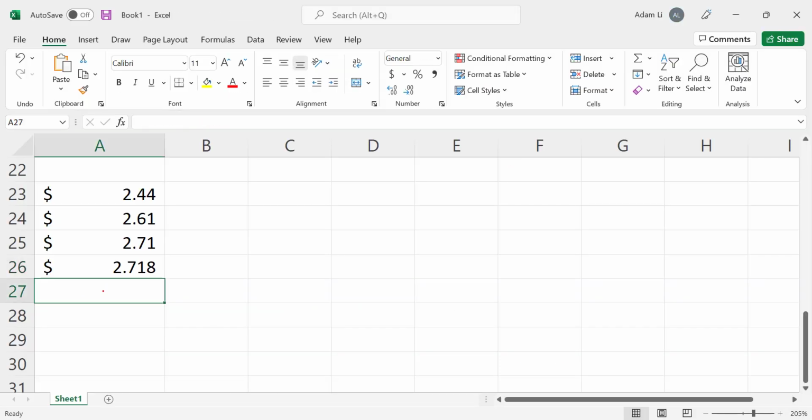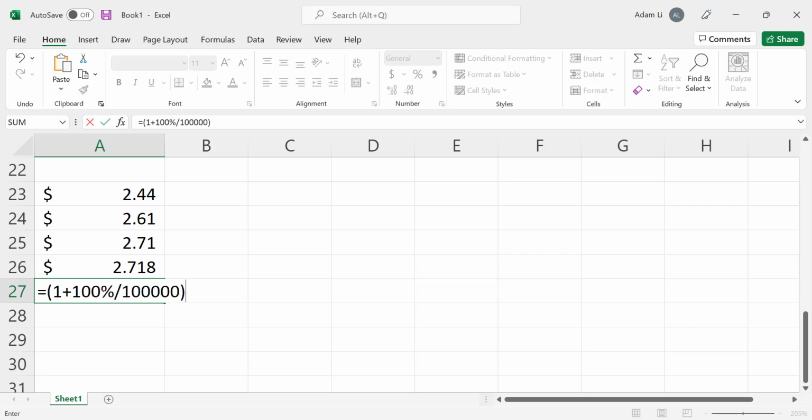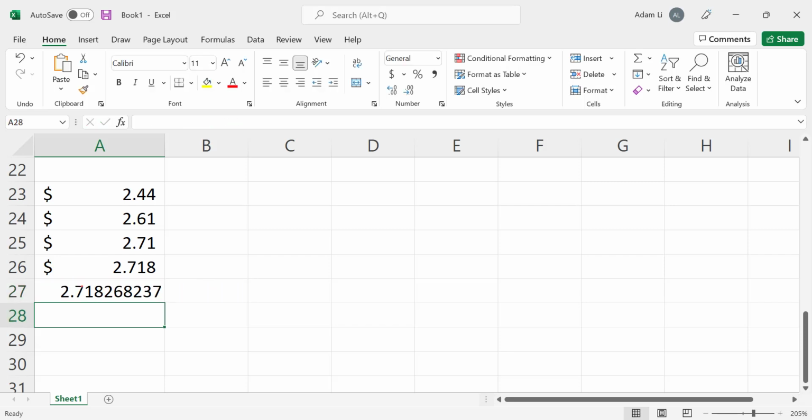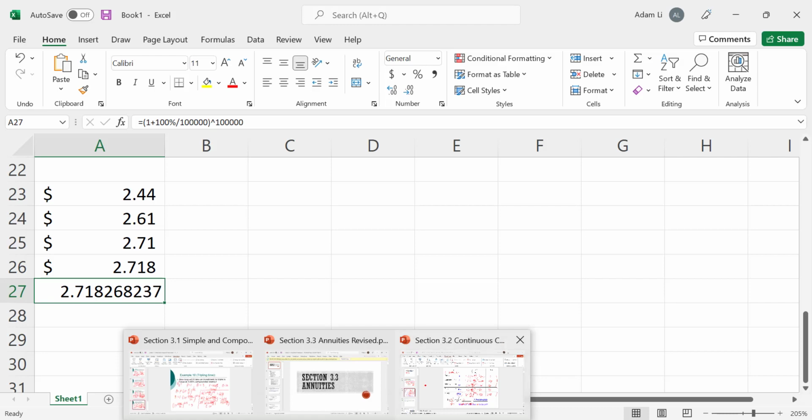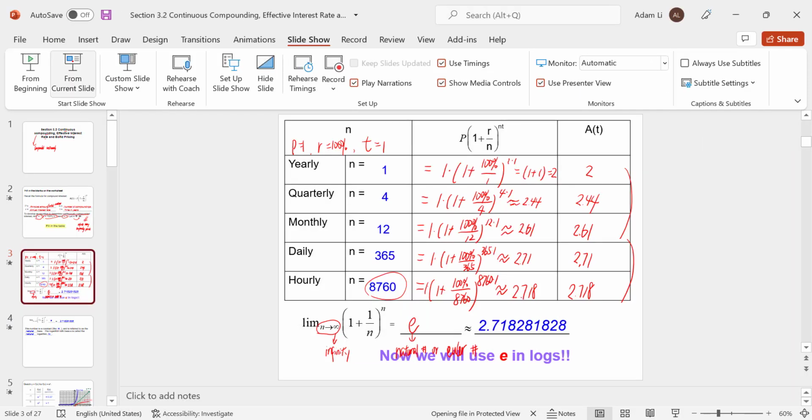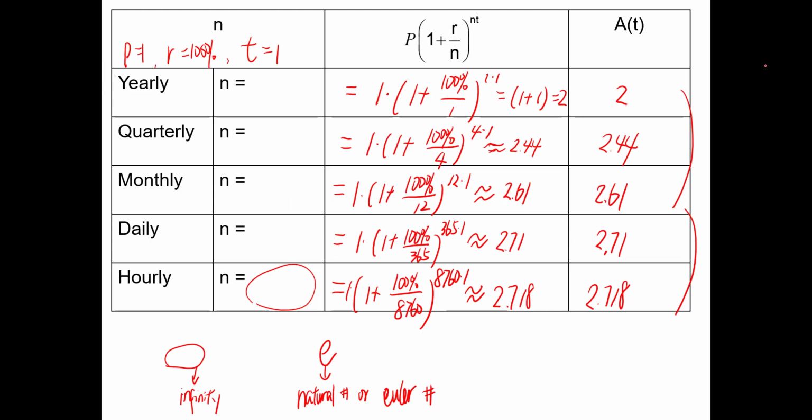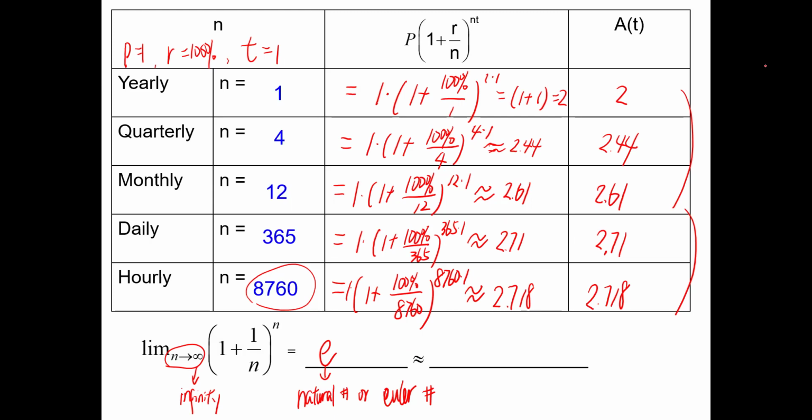So let's say the number of compounding periods is 100,000. So 1 plus 100% over 100,000, raised to the 100,000 power. As you can see, this number will get close to the Euler number. As the number of compounding periods increases, the result will approach the Euler number, natural number. And that's how Euler developed this continuous compounding element we call the Euler number.